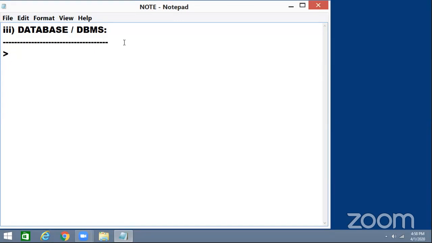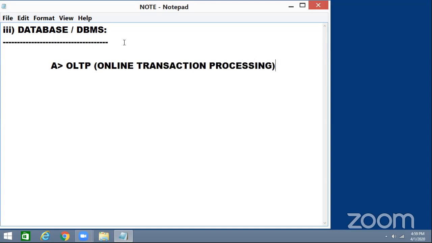Databases are of two types. First one, OLTP. This is already covered in my demo class; I'm just giving a little introduction. OLTP stands for online transaction processing.